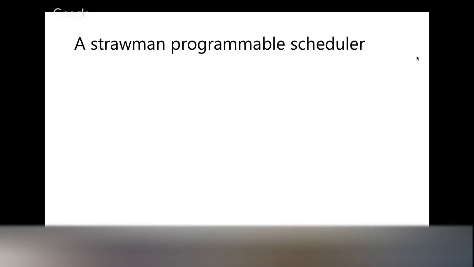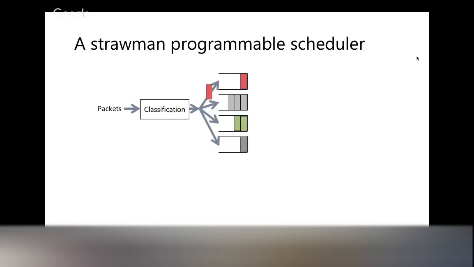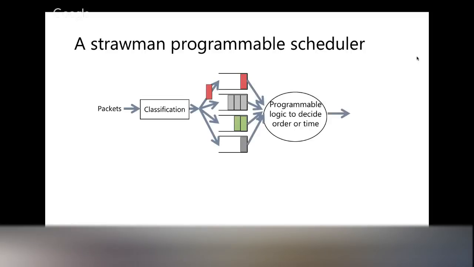So here's a strawman programmable scheduler that in some ways reflects the way scheduling is done on fixed function switches today. So packets come in, they're classified into one of a number of first in, first out queues, or per flow queues. And then there's some programmable logic that tells you this flow goes next, or hey, it's time for this flow to send according to its token bucket.